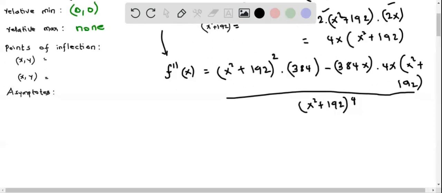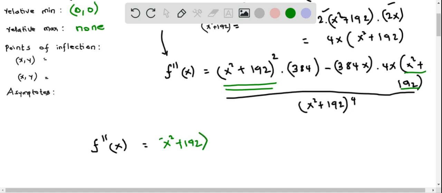Now let's simplify this and set this equal to 0. So we have f double prime of x, and this equals, we see that we have this factor x squared plus 192 in both terms, the first as well as the second term. So we will factor that x squared plus 192. Also, we see that this number can also be factored. So we factor 384 also.